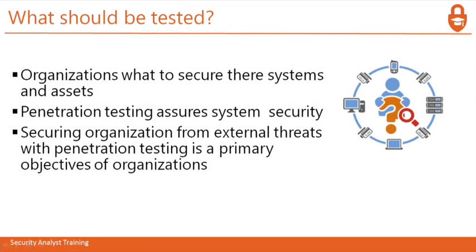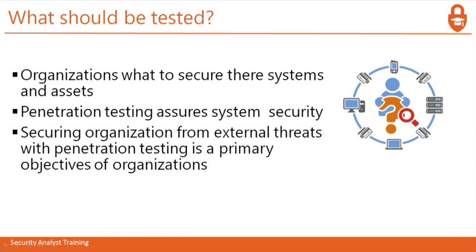All right, so every organization out there just wants to secure their system. That is everybody's goal, right? So that's why we want to run penetration tests on those systems to make sure they're secure. Our primary objective is to secure an organization by using the penetration testing process and different techniques.